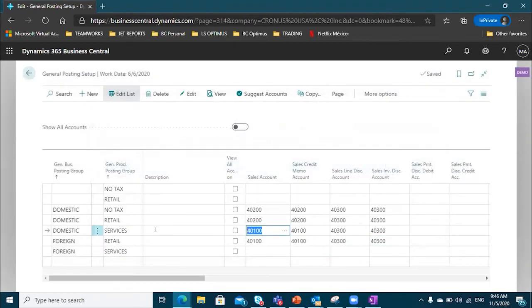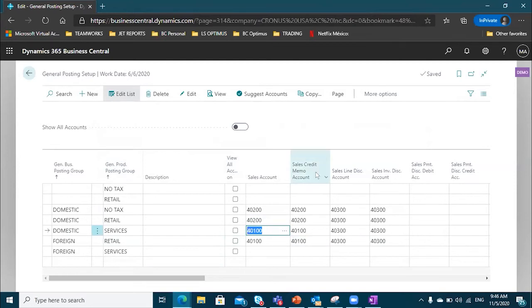So if you can see then, by selecting for just the domestic type of trading, I have retail and services sales operations, and that's why here I selected two different GL accounts. You get it?